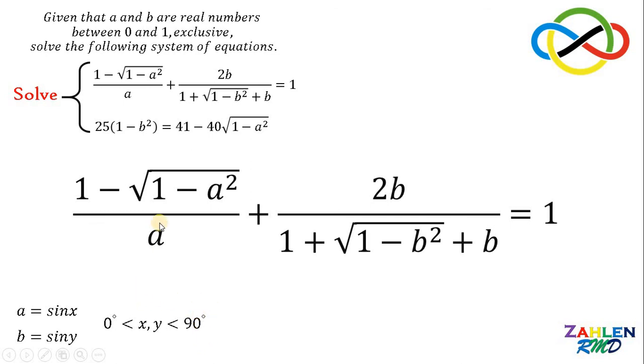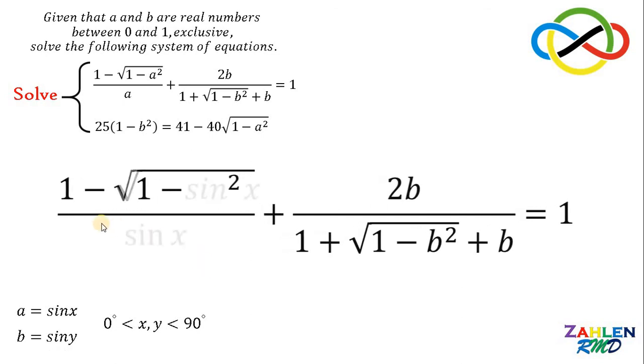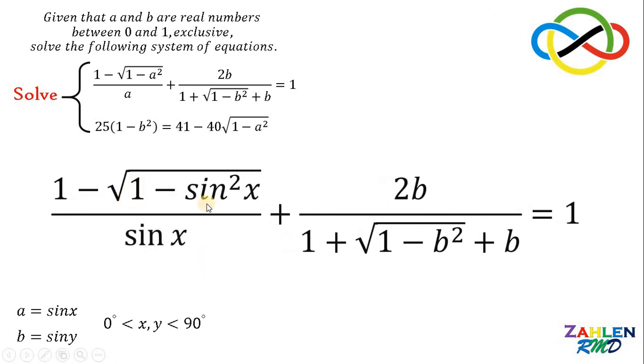Now let's move on. Let's replace all a with sine of x. So we have square root of 1 minus sine squared x all over sine x. In this solution, we will use a lot of trigonometric identities. And here's the first one: sine squared theta plus cosine squared theta equals 1.